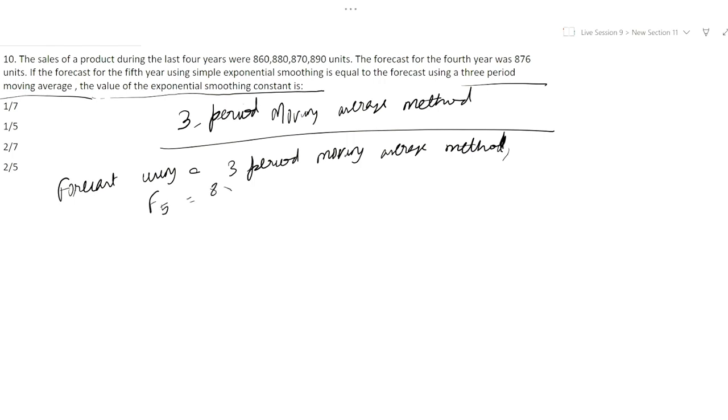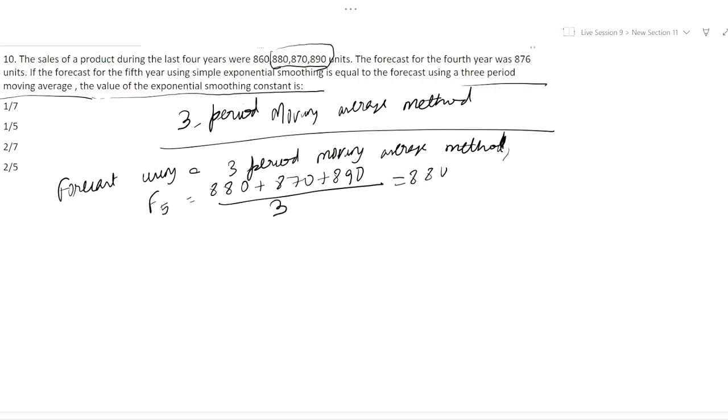Since it is a 3-period moving average method, we have to take the recent 3 data: 880, 870, 890 by 3, this will be 880.